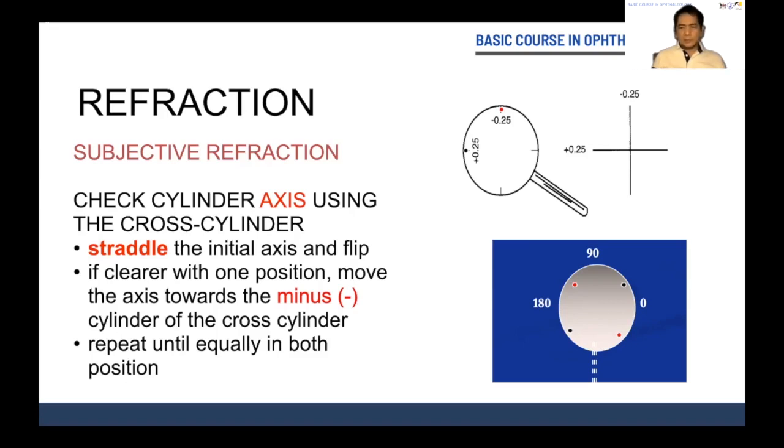Like in the illustration below, if after net retinoscopy your axis is 90, when you are trying to refine this axis, you perform the straddling technique: align the handle of the JCC with your initial axis, which is at 90. In doing so, you are placing your axis in between the minus side of the JCC and the plus side of the JCC, like in the drawing below.